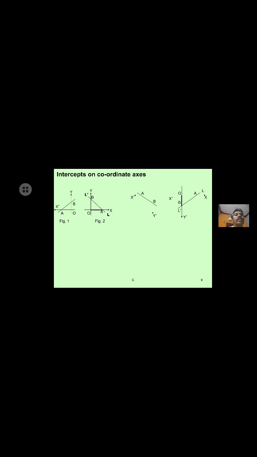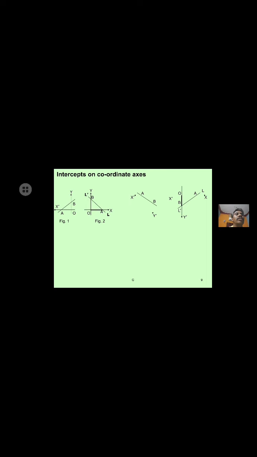And here in figure 1, on the x-axis, A is a negative value because it is on the left side of the origin, and in figure 2 it is on the right side of the origin, so it is a positive distance on the x-axis.